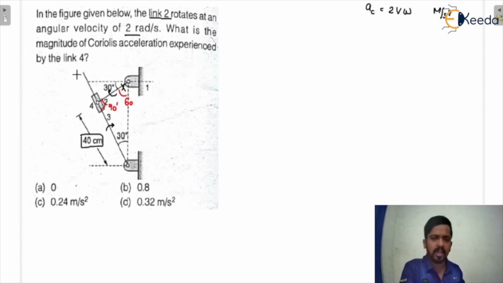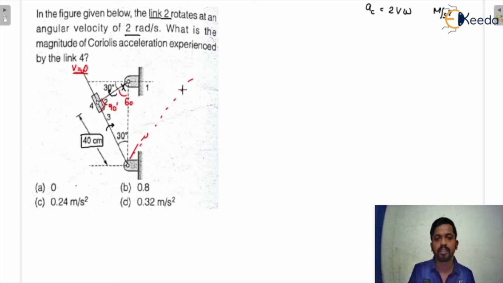We studied in the single slider crank mechanism that there are two dead center positions of the slotted bar. The first is this dead center. Dead position means the slotted bar will have no velocity, that means at the dead position the slider has zero velocity, the link is in a static rest condition. The other dead position of the slotted bar would be here.